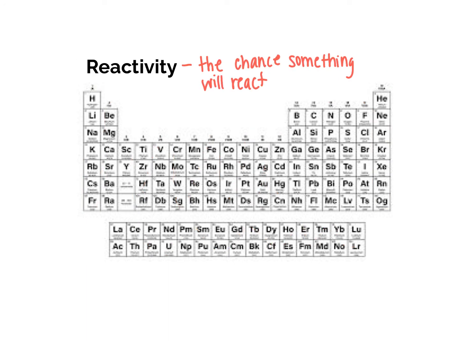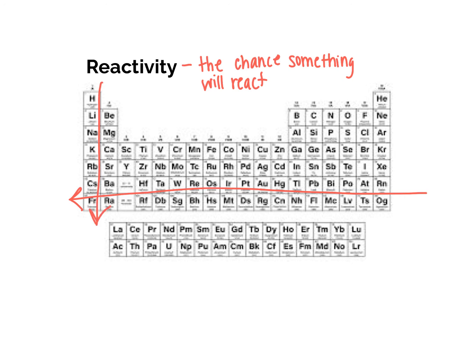Now we are going to talk about reactivity. This is the chance that something will react, okay? So the chance that something will react with something else. Now your chances go up of reacting if you are closer to this side and if you are closer to the bottom.